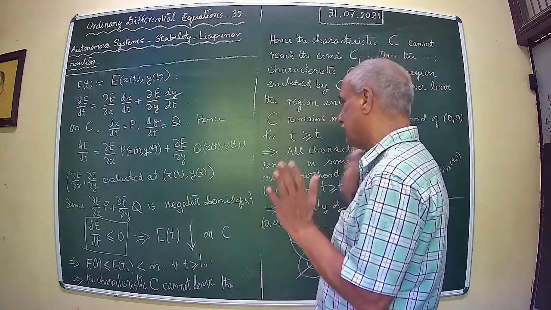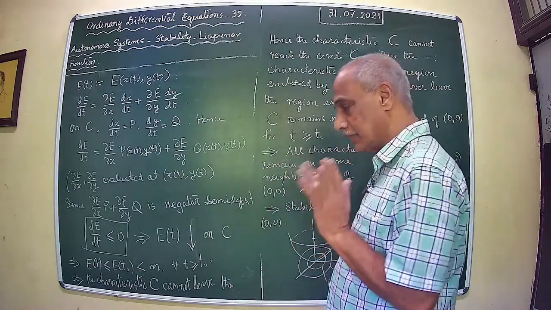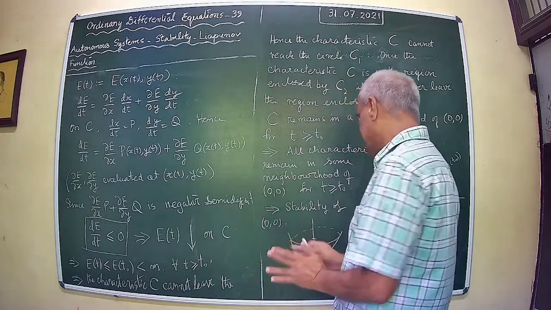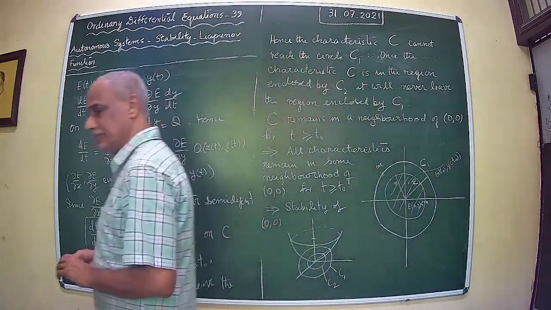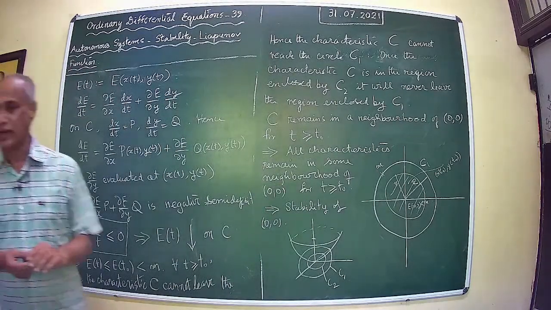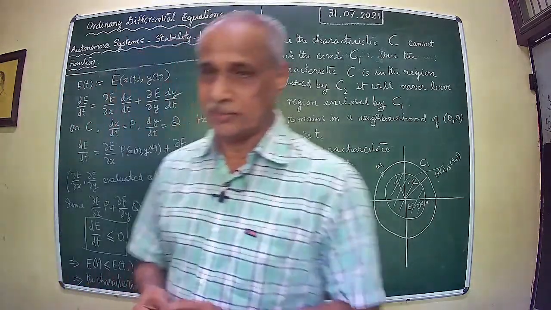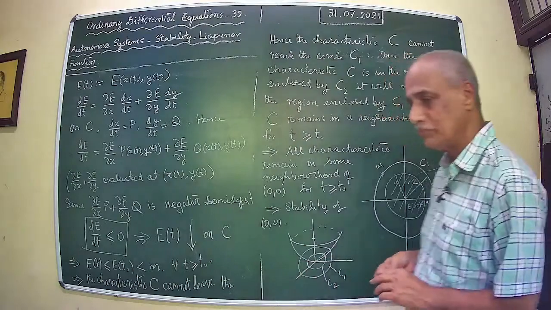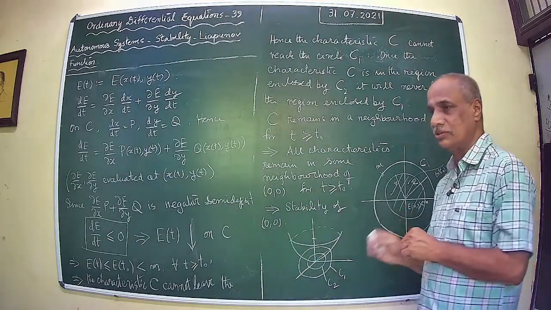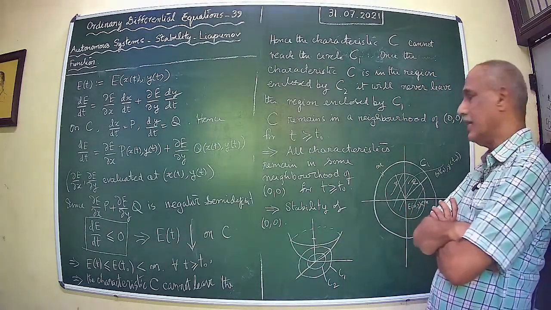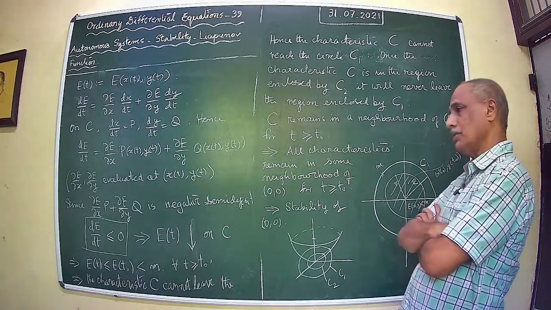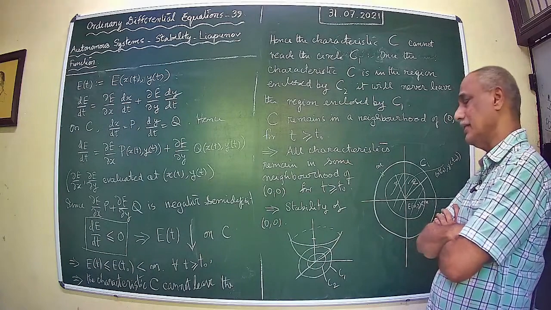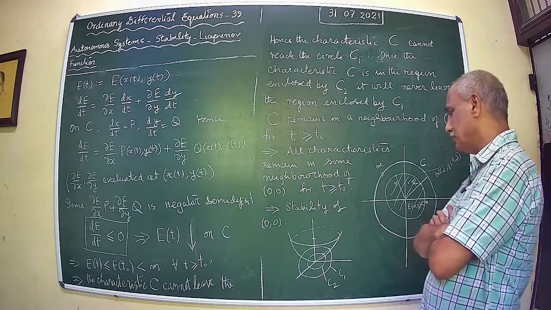But what we want to say is that because of these conditions, the path is constrained to stay in the neighborhood of 0, 0, because E(t) can never be greater than small m. So any characteristic once in the neighborhood of 0, 0 will remain in the neighborhood of 0, 0.